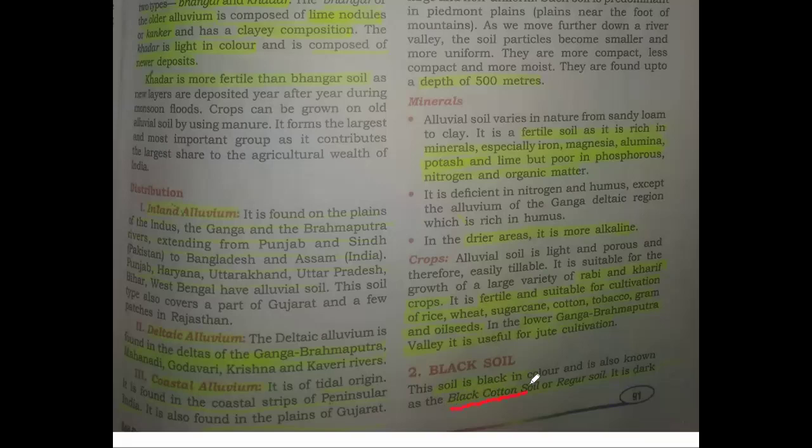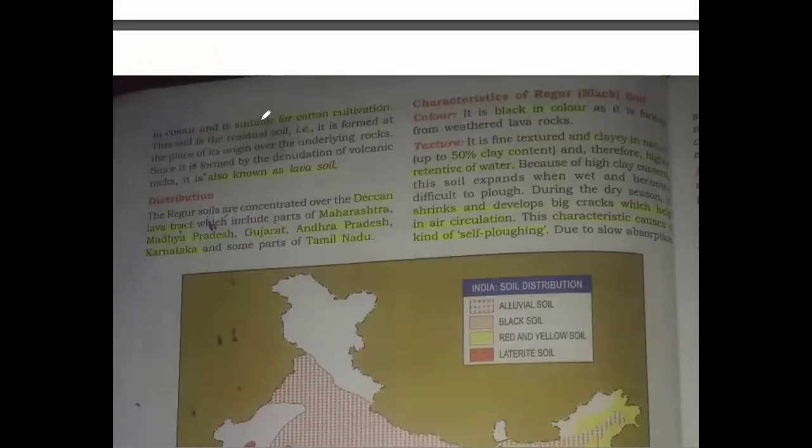So black cotton soil, also known as regur soil. It is dark in color. It is suitable for cotton cultivation.